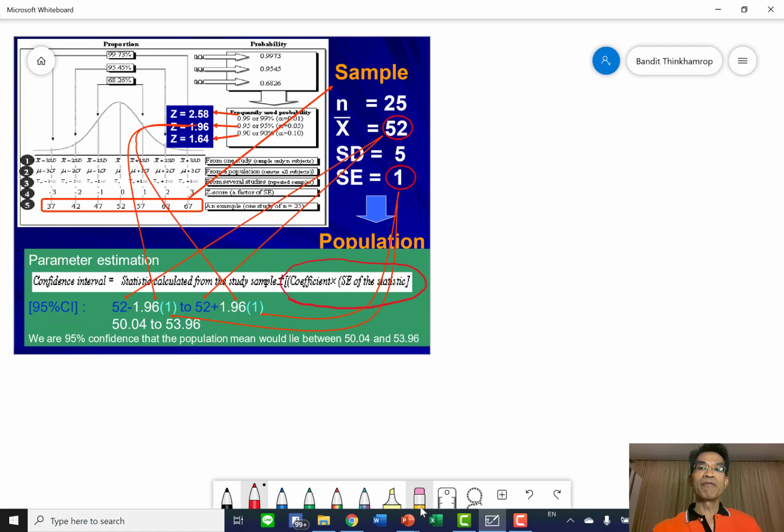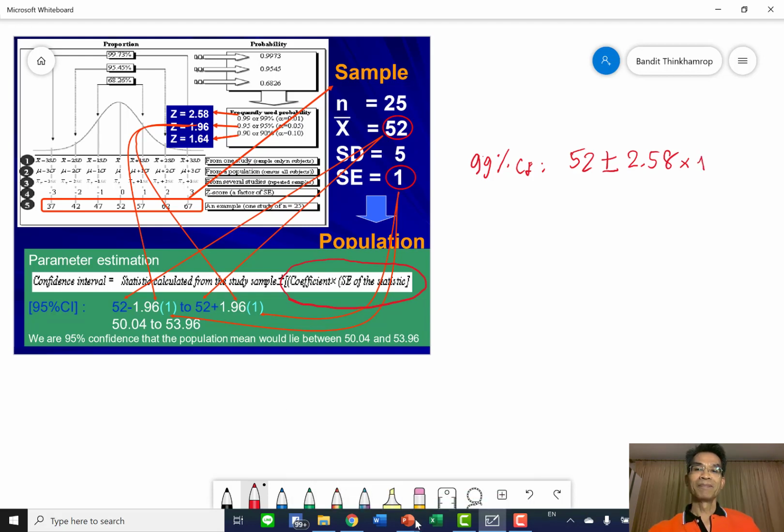The first one, if we change the confidence level, for this purpose, if I want the 99% CI, it would be 52 plus minus 2.58 multiplied by 1.